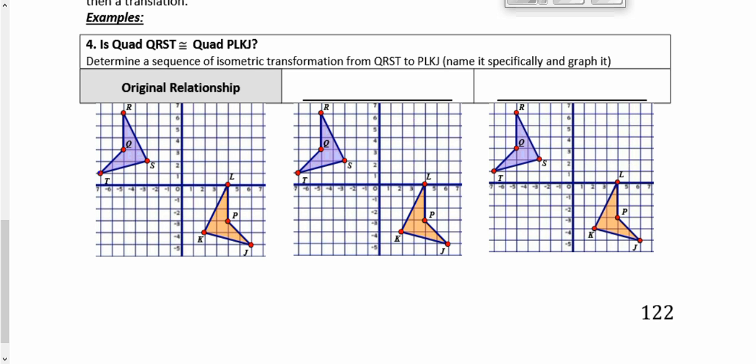So I'll just go with the reflection in the x-axis, and it really doesn't matter too much. Okay, so we'll draw that reflection. We use black ink here. So there's my T, there's my S, R is going to be up there.